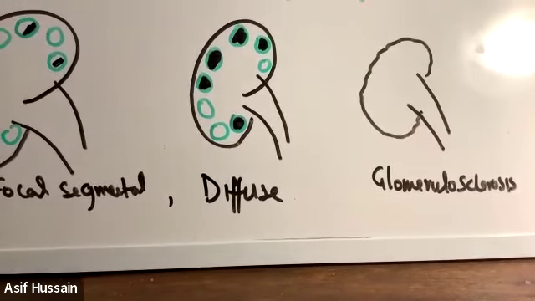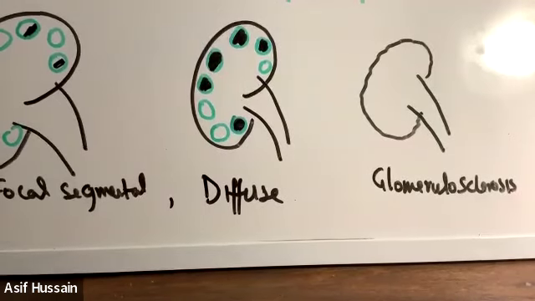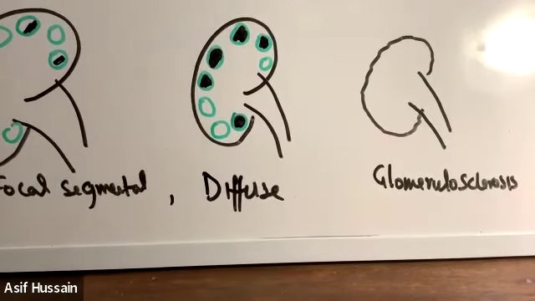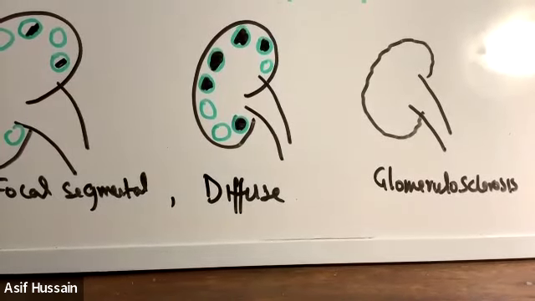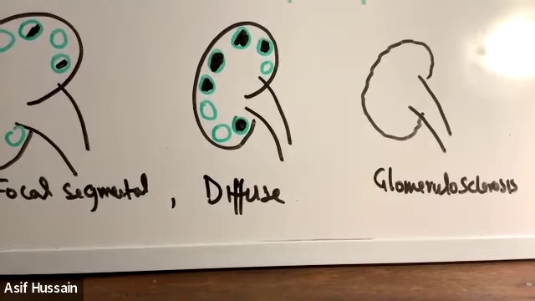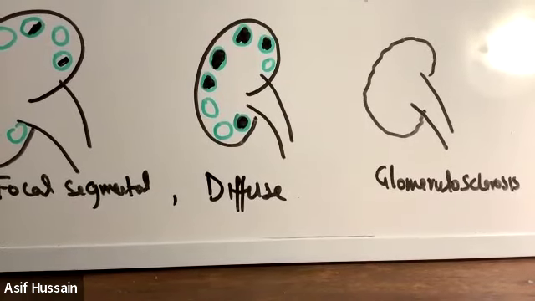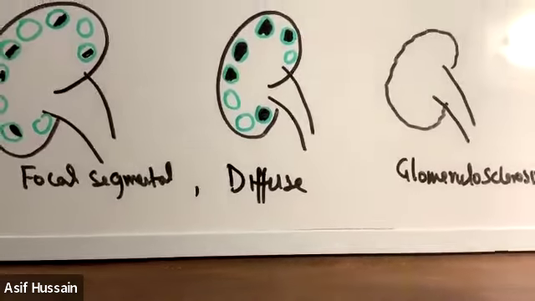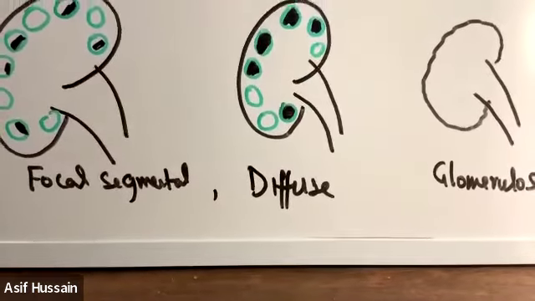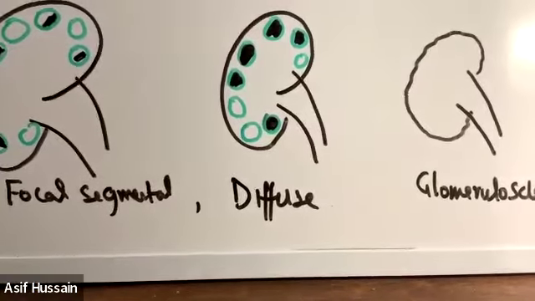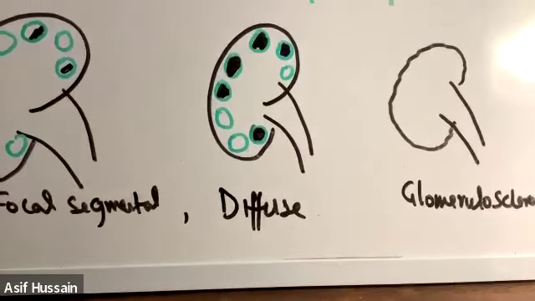Similar uniform bilateral symmetrical fibrosis also happens in chronic tubular diseases. Tubular atrophy or tubulointerstitial nephritis will also cause uniform bilateral symmetrical fibrosis. So whenever the kidney shrinkage is bilateral and symmetrical, it could be because of glomerulonephritis or because of chronic tubulointerstitial nephritis.